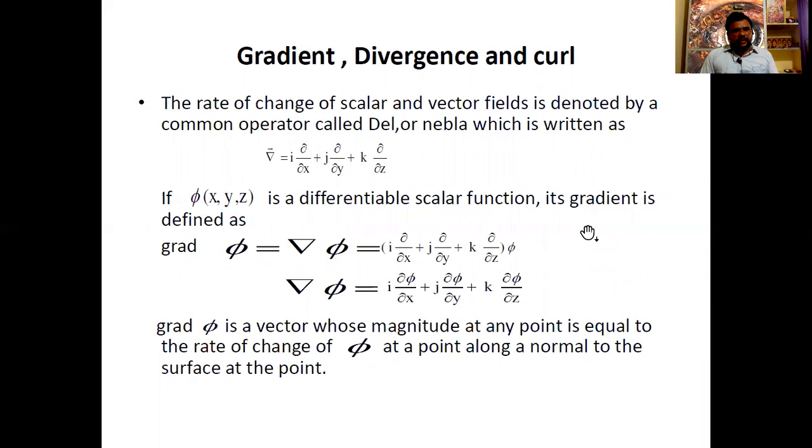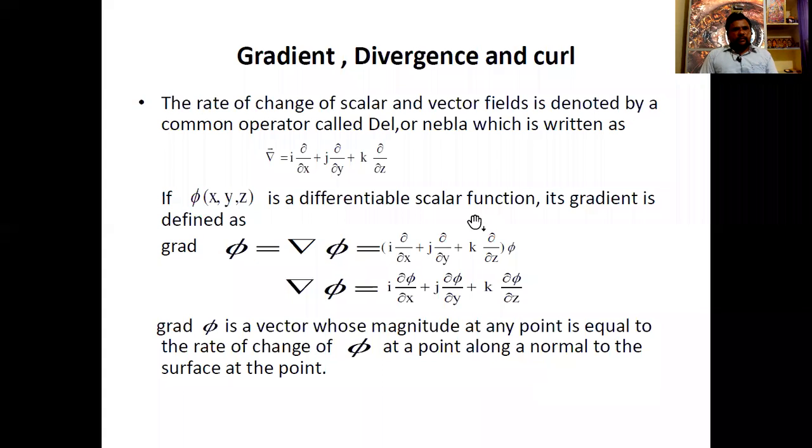Next, coming to gradient, divergence, and curl. Gradient is the rate of change of a scalar, and it is a vector. It is denoted by a common operator called del or nabla, which can be written as del bar equals i dou by dou x plus j dou by dou y plus k dou by dou z.